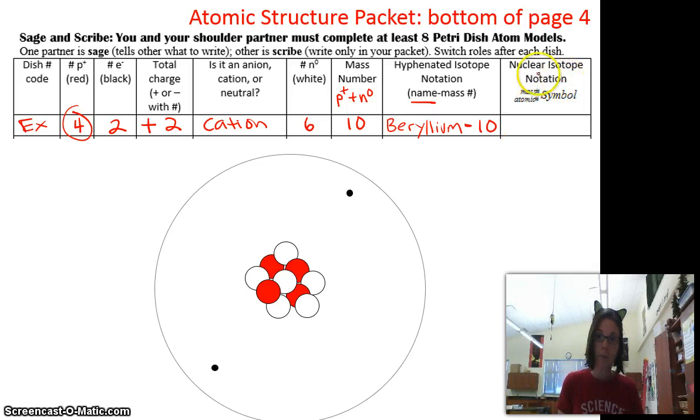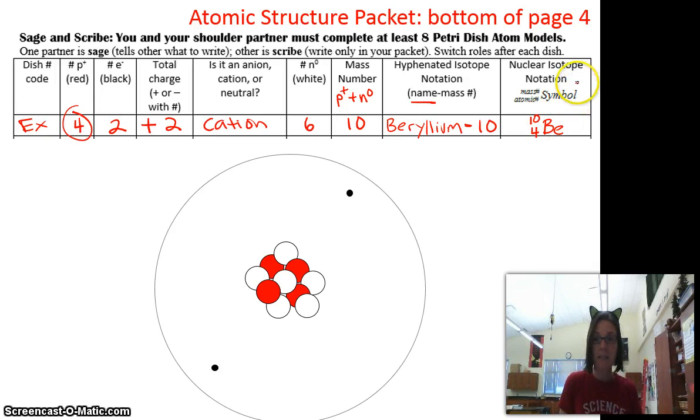The next form is called nuclear isotope notation. And instead of the name, it just wants the symbol for beryllium, which you should remember is capital B lowercase e. It's kind of small on the screen, but it says on your paper the top number needs to be the mass number. So I'm going to put a 10 as a superscript on the left. Then it wants the atomic number, so I'm going to put a 4 as a subscript on the left.